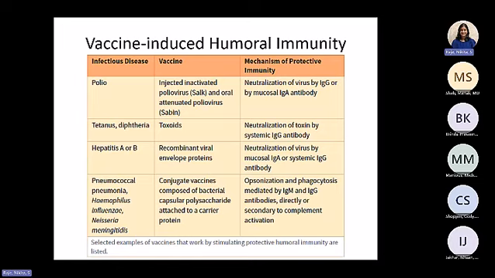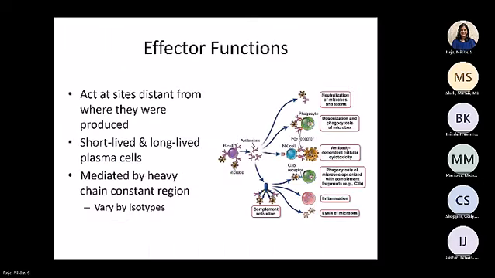Mucosal IgA will produce a similar effect. For some of the conjugated vaccines, there can be opsonization and phagocytosis mediated by IgM and IgG, either directly or through activation of complement.